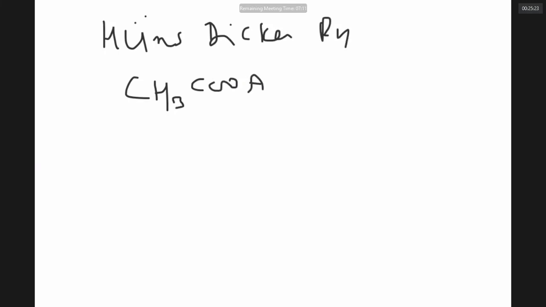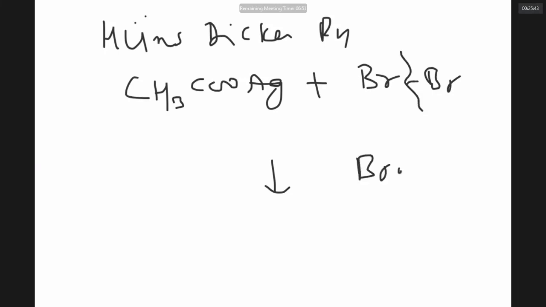Now in the Hunsdiecker reaction, you take the silver salt of a carboxylic acid and simply add bromine. Now this bromine has a crazy attitude: the bond can break homolytically, giving a Br free radical, a Br atom.